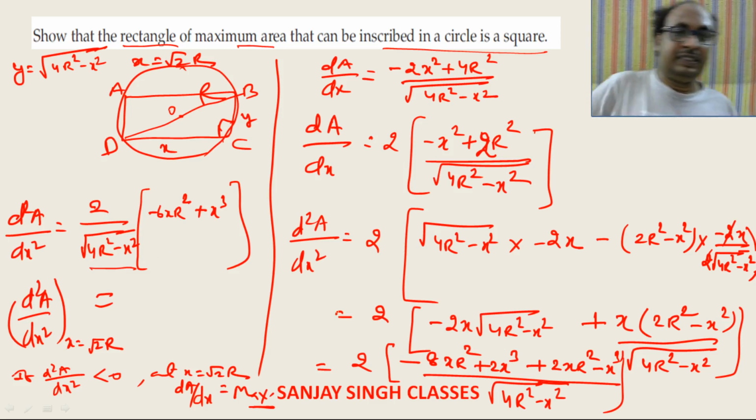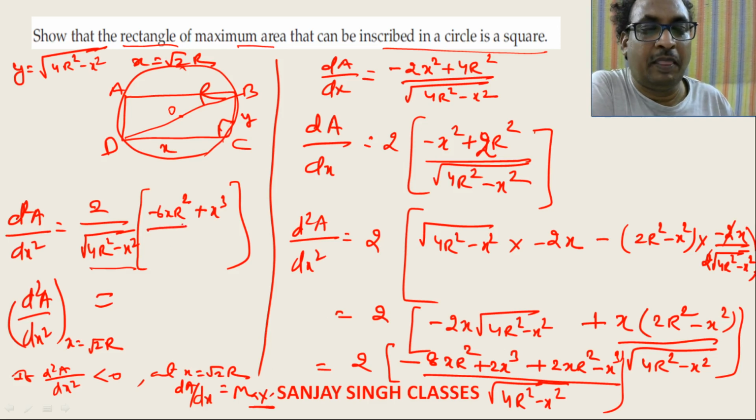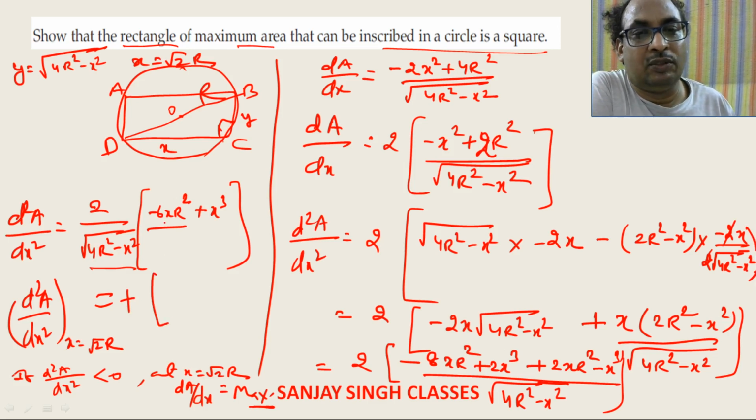Coming to this part, it will become positive. Coming to here, minus 6 root 2 r into r square, so r cube it will become, so minus 6 root 2 r cube, and plus here, cube is there, so 2 root 2 r cube.